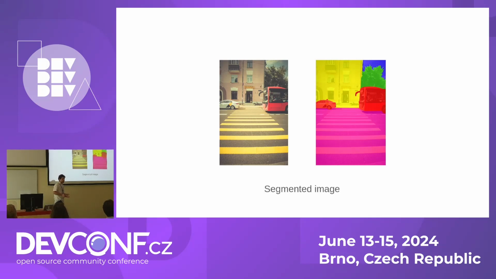And when we talk about segmenting an image, what we want is to start with the usual image, and we want this output, the segmented things. So the street in pink, the bus in red, the car also in red, the building in yellow, the tree in green, and the sky in blue. That's what we want.